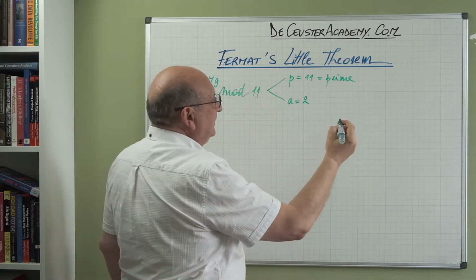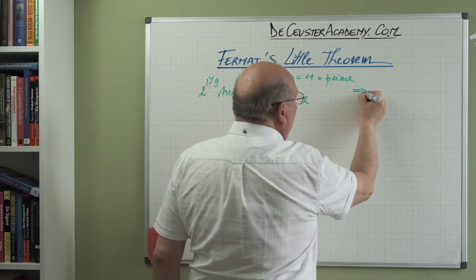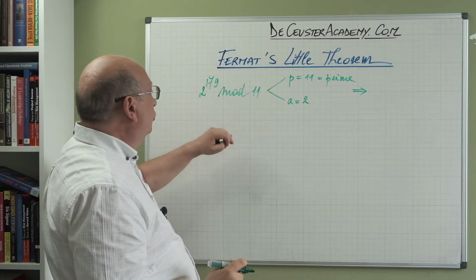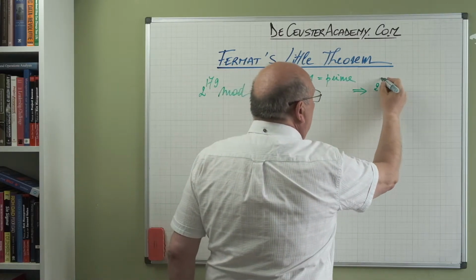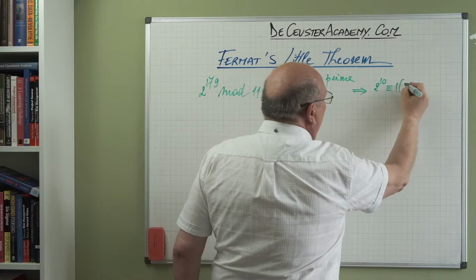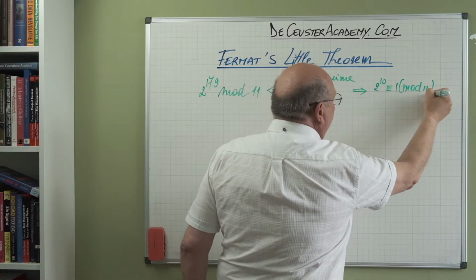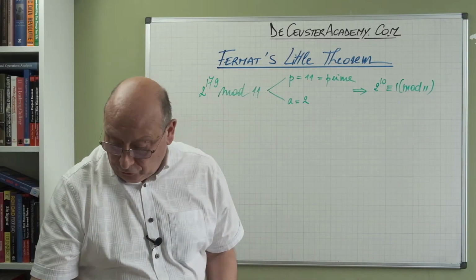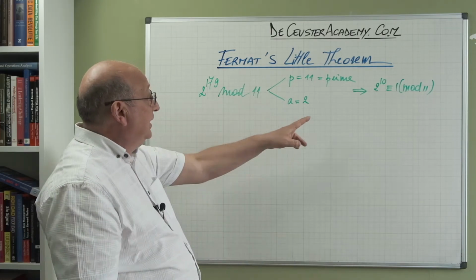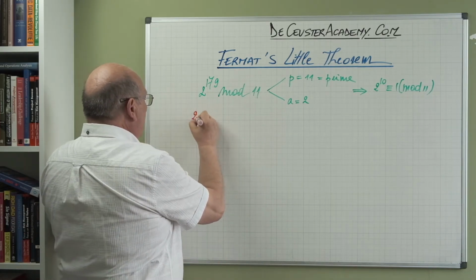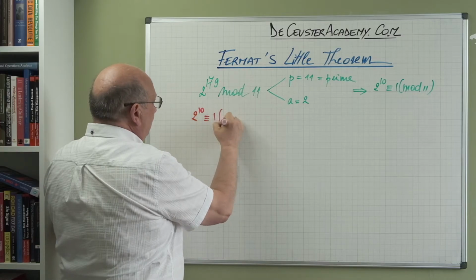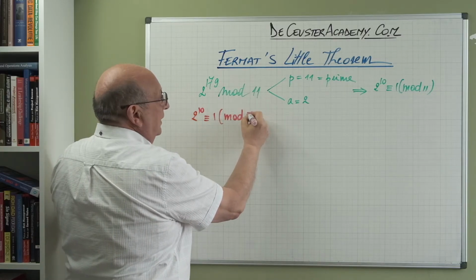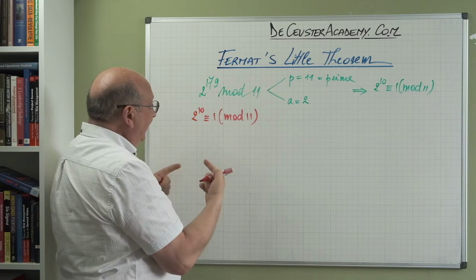Based on this, I can say, according to Fermat's little theorem, that 2 to the power 10 is congruent to 1 modulus 11. Now what we're going to do now, so the first step we have here is 2 to the power 10, which is congruent with 1 modulus 11. Now we always double.